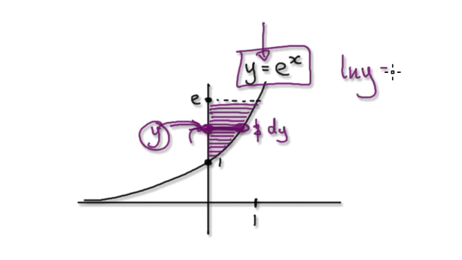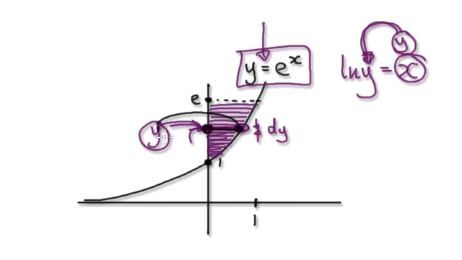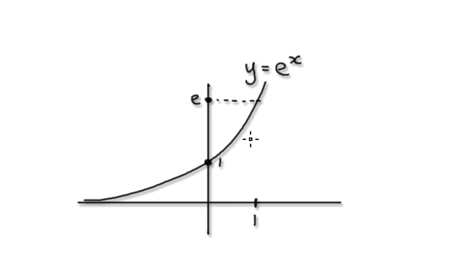That will give you this, and then that will give you x. For any y input, you will immediately get the x direction, which is the radius of our disk.